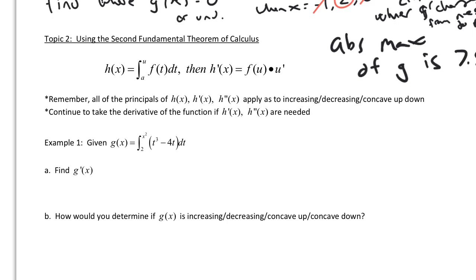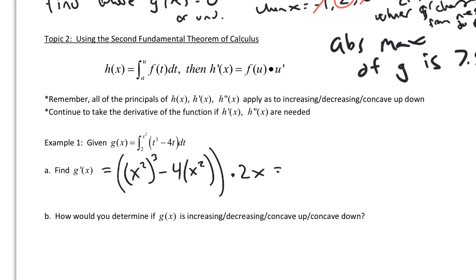And so here's a quick example. Given g of x is this integral, find g prime of x. Well, g prime of x is going to equal, you plug in the top bound here, so t cubed would become x squared cubed minus 4 times x squared, and all of that would need to be multiplied by the derivative of x squared, so by 2x.